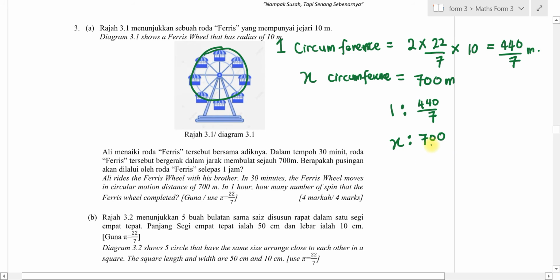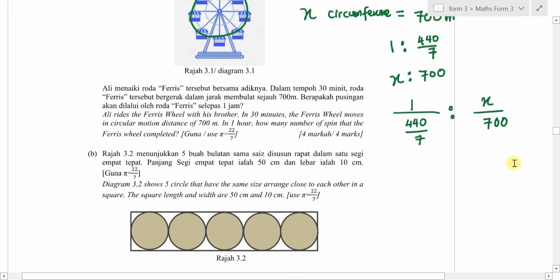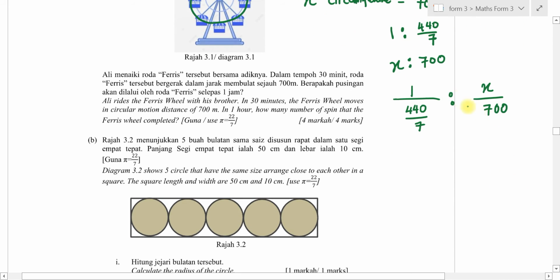Lepas tu kita buat solving. 1 over 440 over 7 ratio dengan X over 700. Okay, now cross multiply. Sorry, this one is equal. Cross multiply 700 equal to 440 over 7 x.